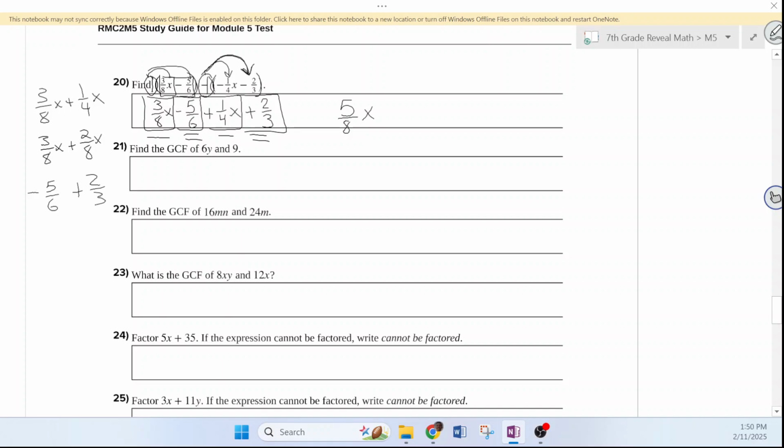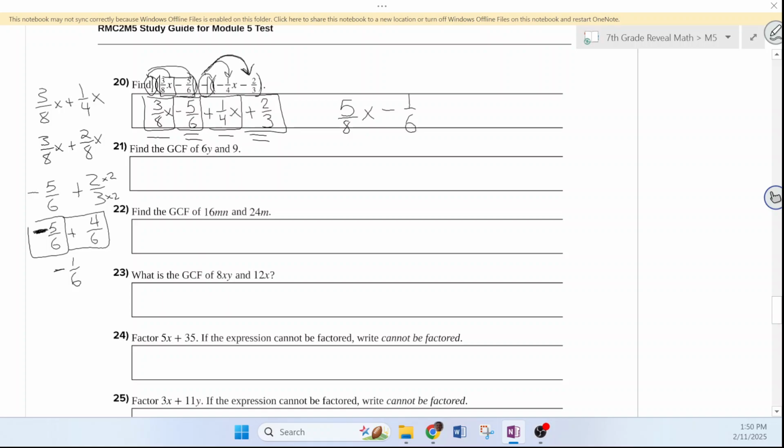One's a positive, one's a negative. So I'm going to be subtracting here, but I need like terms first. So times 2 gets me 6. So that's 4. Now notice this term is a negative term, this term is a positive term. When we're combining those, with different signs we subtract, so we get 1/6, and the negative here wins out. All right, so that's negative 1/6, or a loss of 1/6, minus 1/6.